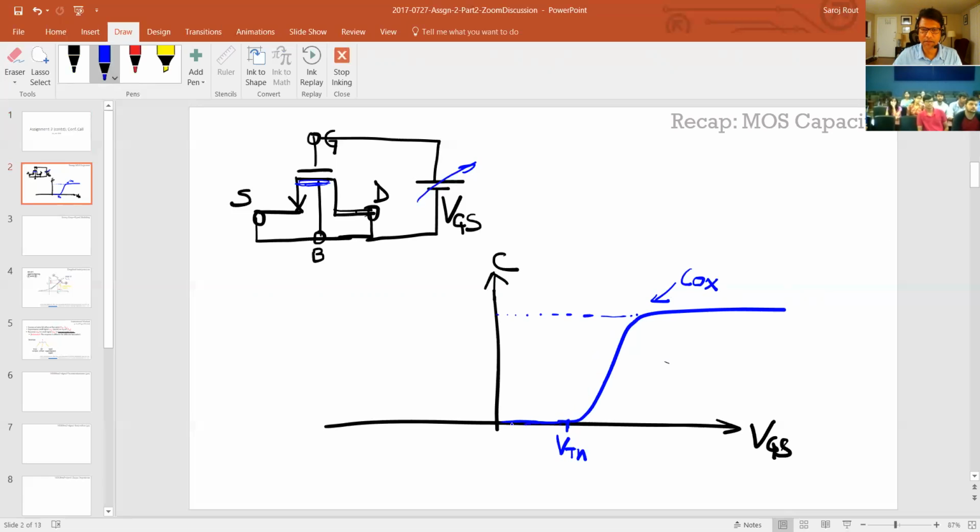And then if we go to negative voltage, we saw that we get into a region called the accumulation region. It's not exactly COX, there's a depletion cap too, but we'll assume for now that that's COX as well. So we get this region of no charge. And then as you go above VTN, you get COX.